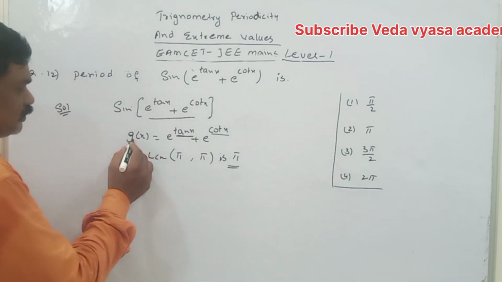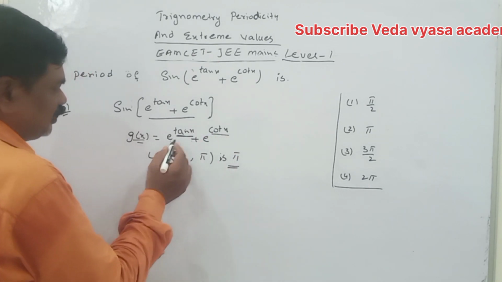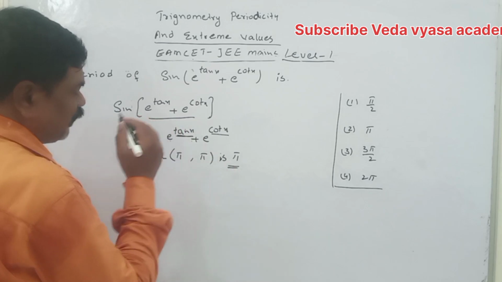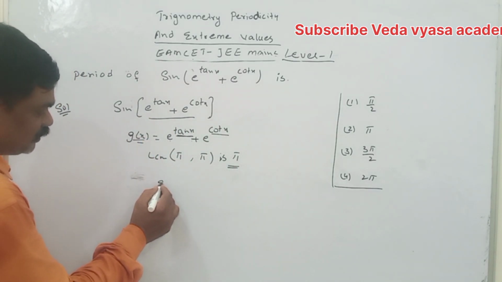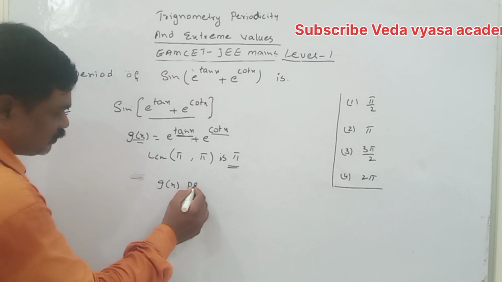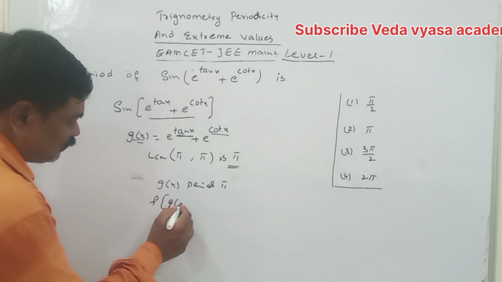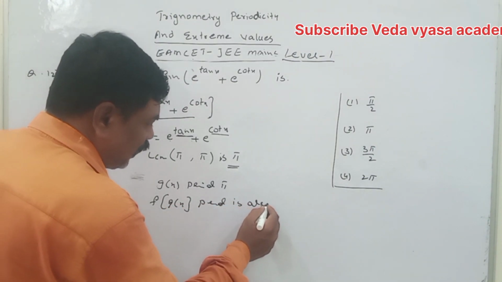So this entire g of x has period pi. And f of g of x has period also pi.